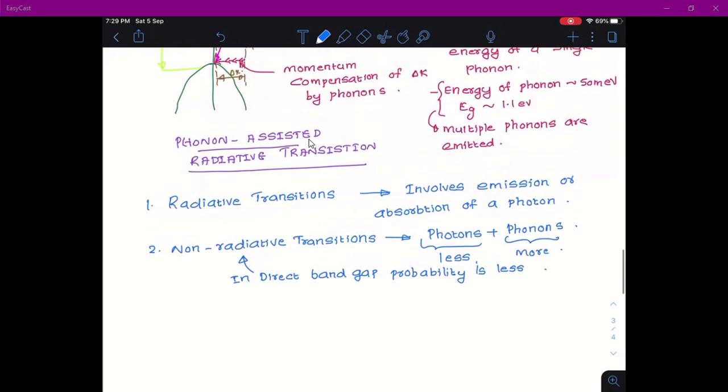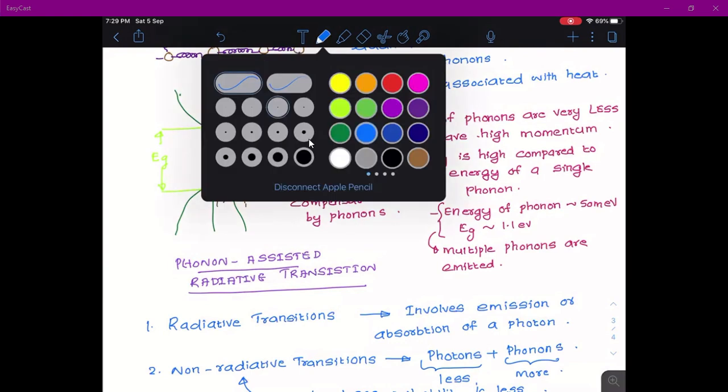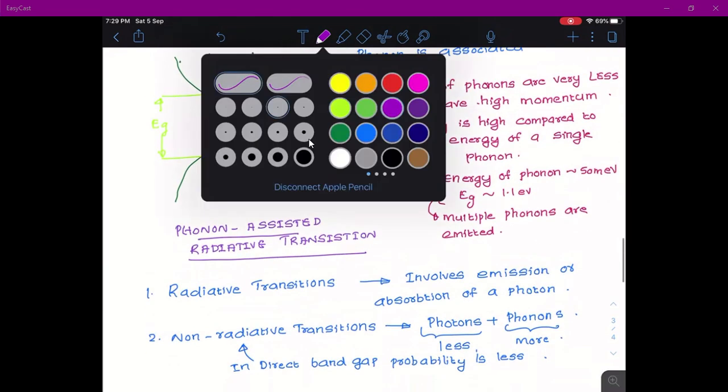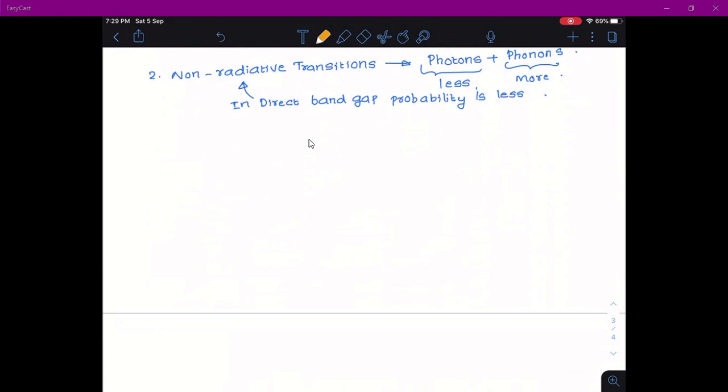So if you compare this direct band gap scenario where you have an oblique transition, it is similar to saying that you have an indirect band gap semiconductor and the transition is from the bottom of the conduction band to the top of the valence band.